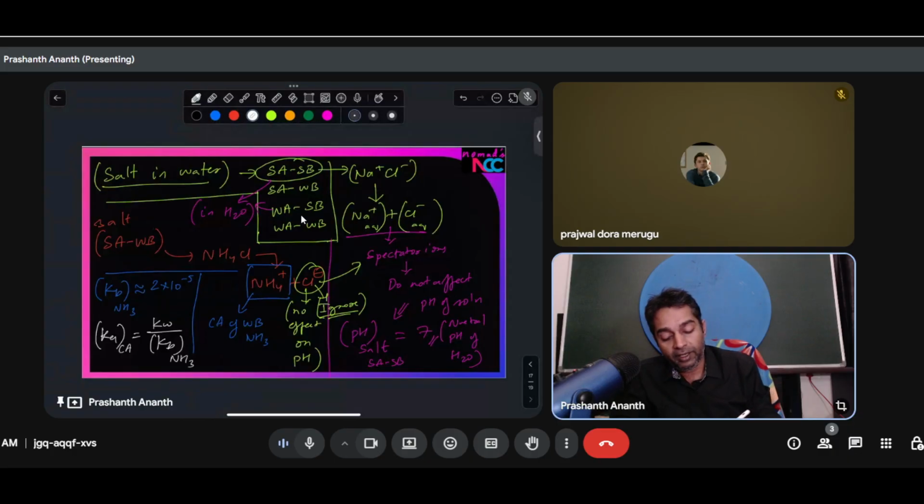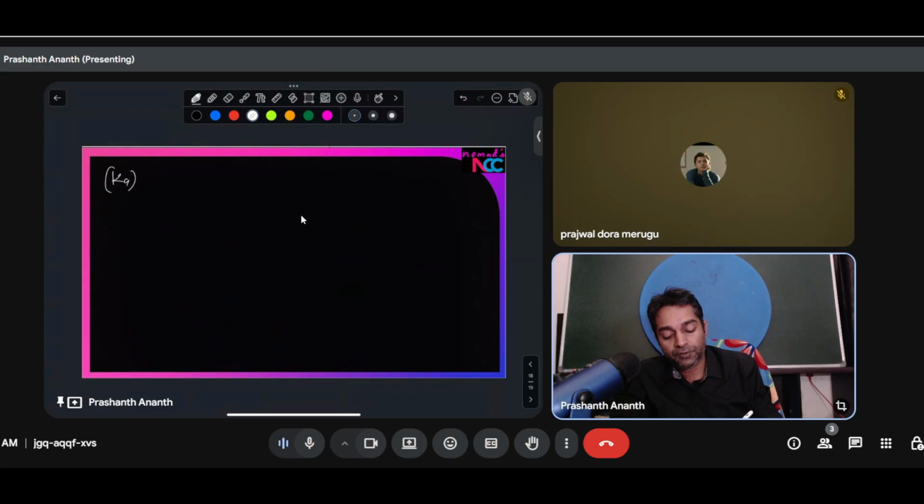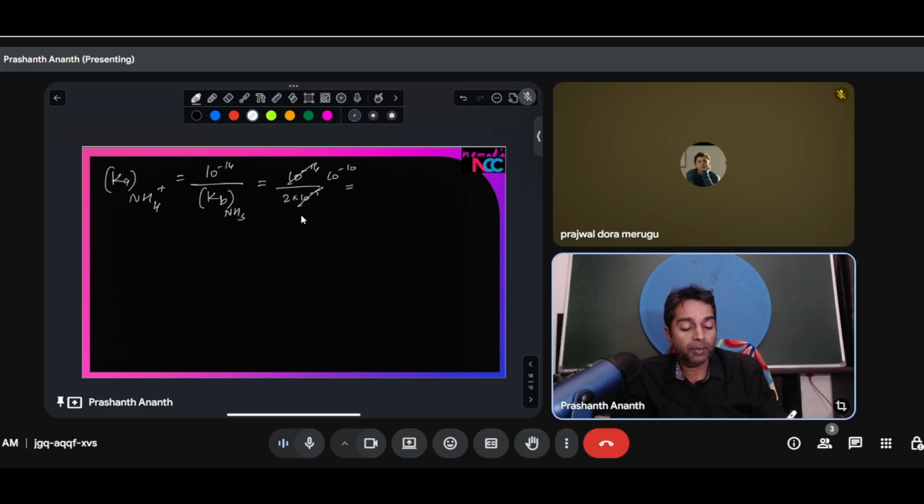Ka for NH4+, which is my conjugate acid of ammonia, is going to be 10^-14 divided by Kb of ammonia, which works out as 10^-14 by approximately 2 x 10^-5. So it works out as approximately 5 x 10^-10.